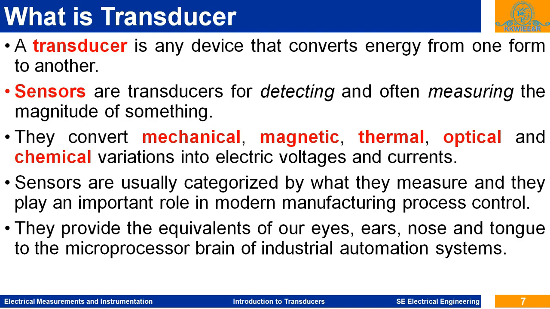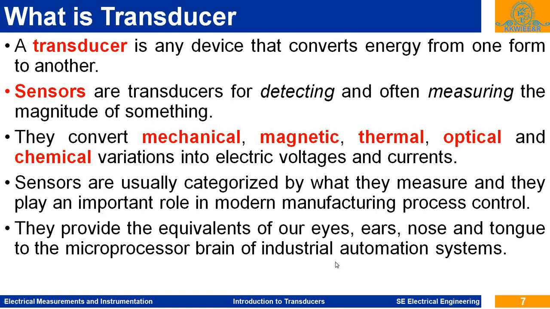In a similar way, in the electrical circuit, in the closed loop system or in automation, these sensors play a very important role. They measure the various physical quantities and parameters, and they are converted by the transducers into electrical signals that can be understood by the microprocessor, and this microprocessor acts as the brain in the industrial automation system.